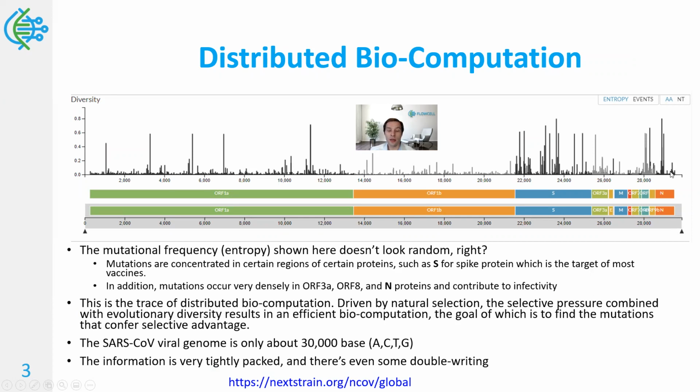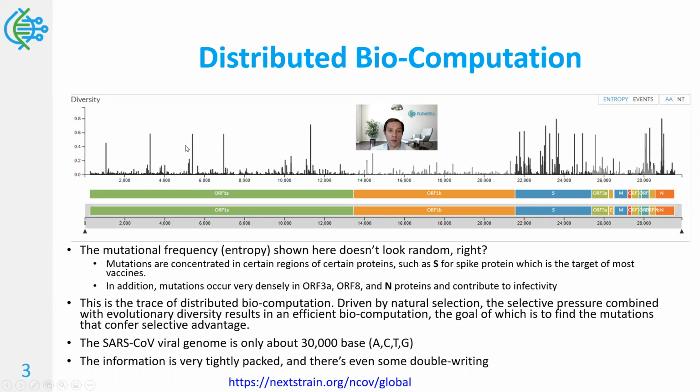This is the entire genomic sequence of the virus shown in this schematic format. Open reading frame 1A and 1B producing polypeptides, spike protein that everybody knows, neuraminidase, and several other infectious proteins here, open reading frame 3A and 8. What's notable about this is that this plot of entropy specifically shows very high levels of enrichment in some areas.